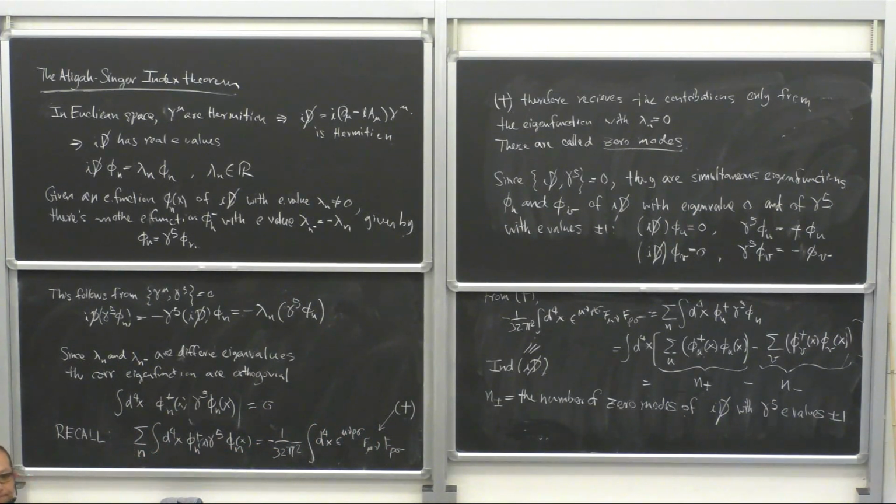Exactly. Only a large gauge transformation will make this change. A small gauge transformation that can be continuously deformed to the identity will not affect this quantity. That's what I mean by topological. Am I clear?